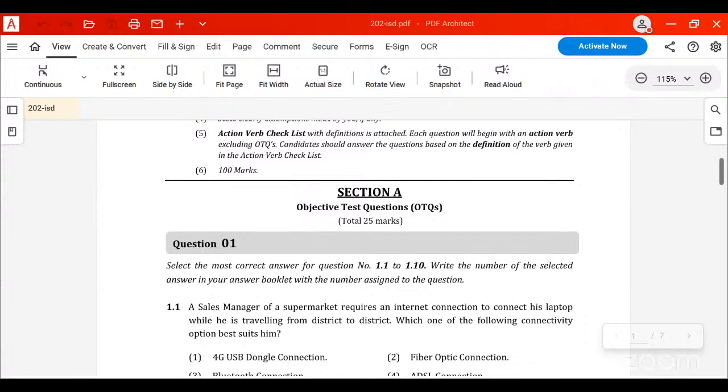There are three sections, section A, section B, and section C. For section A, altogether 25 marks are allocated, 25 marks for the OTQ section. And the structured section, totally 50 marks are allocated.